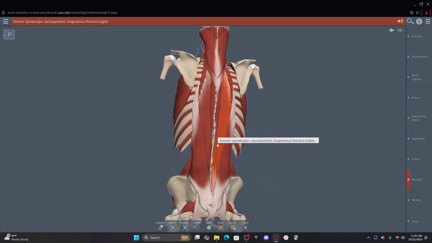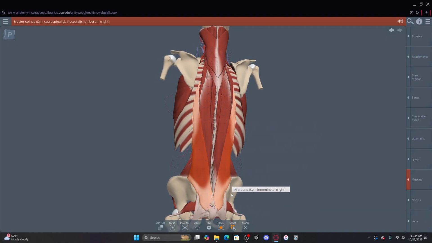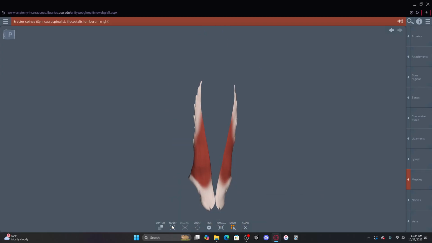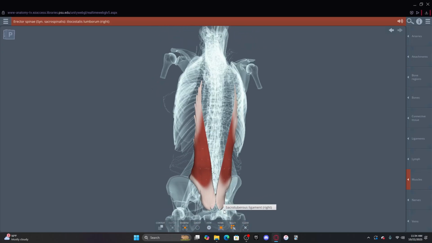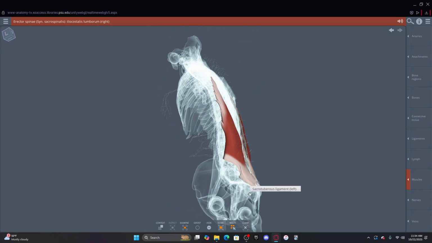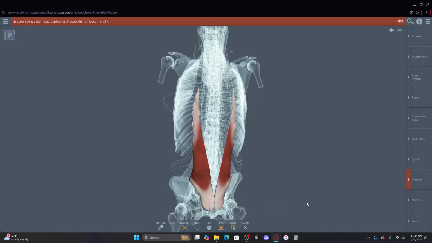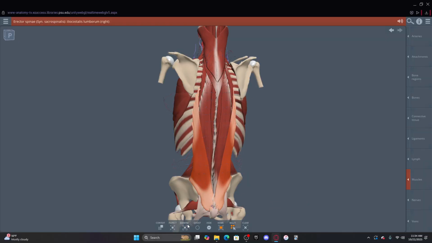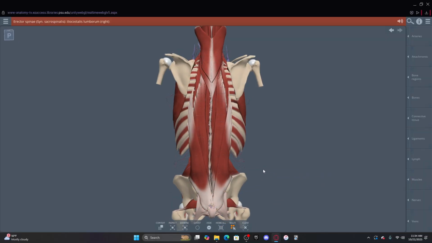Similarly with iliocostalis, sacrum, iliac crest, all the way to the vertebra. And these three muscle groups, the iliocostalis, the longissimus, and the spinalis, are all responsible for maintaining posture.